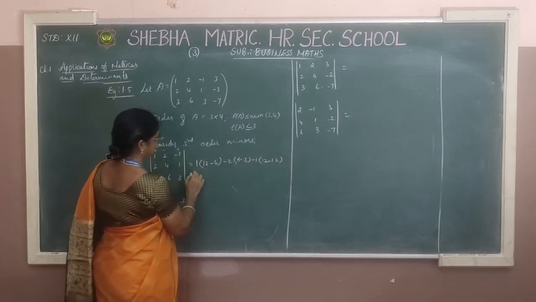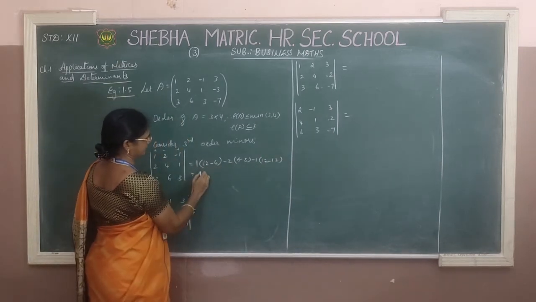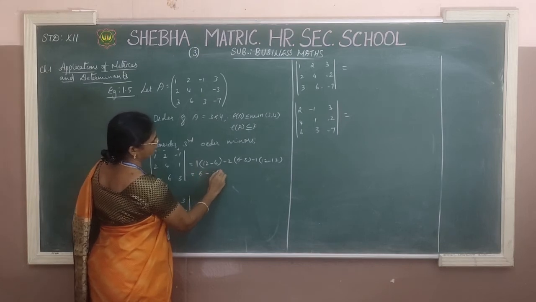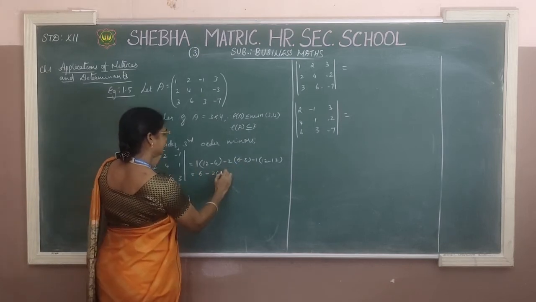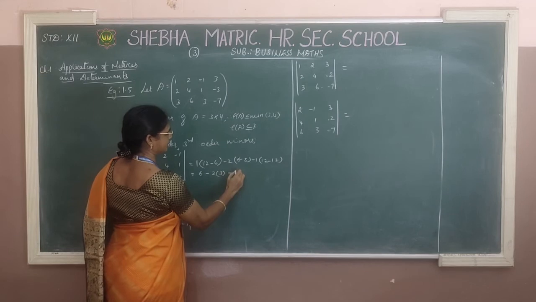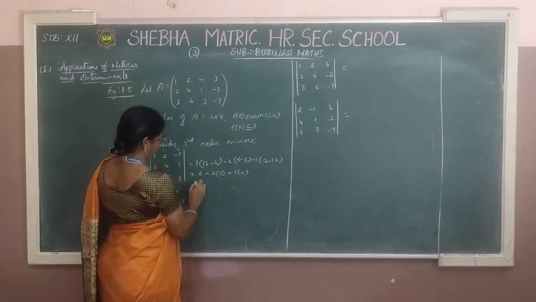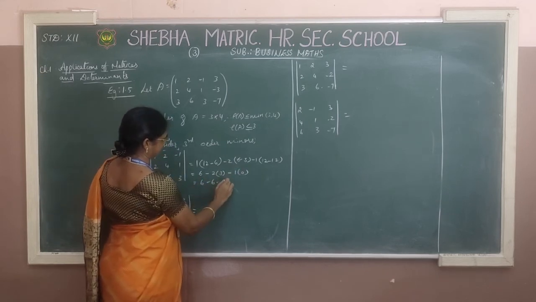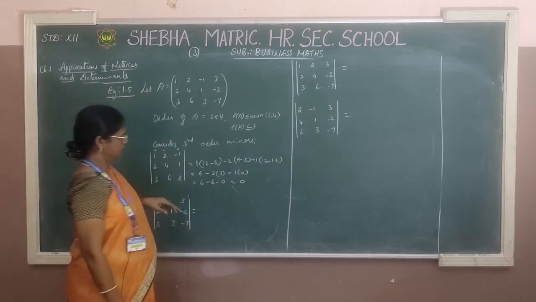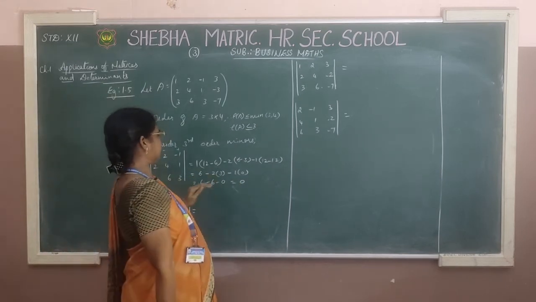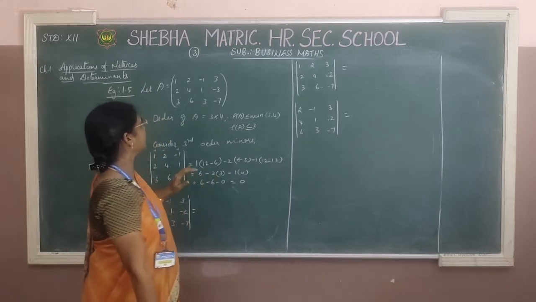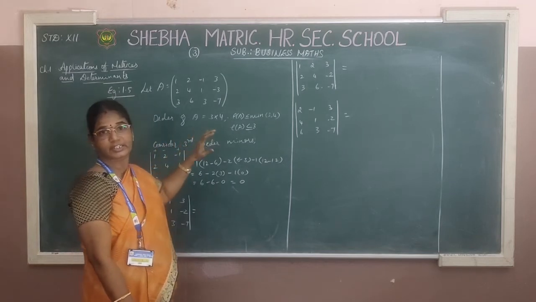So it is equal to 12 minus 6, which is 6, minus 2 into 3, and minus 1 into 0. So we get 6 minus 6, we get 0.